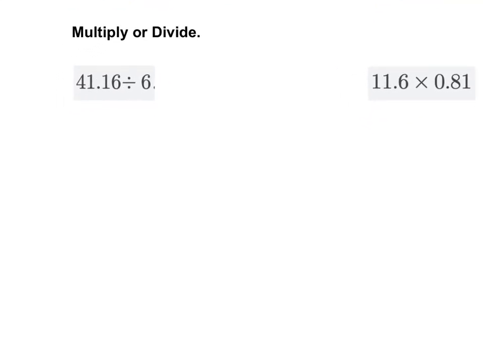Let's go ahead and multiply or divide. Remember, the second guy is late to class, so put him outside your house. And then I'm going to do 6 into 41, goes in 6 times. I'm going to subtract. I get 5.